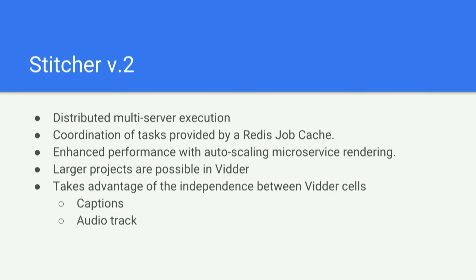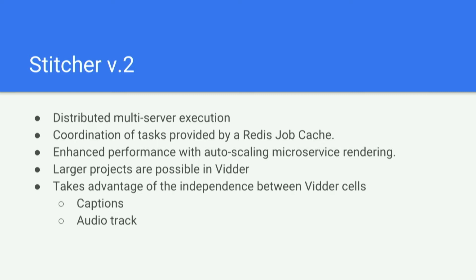We were able to take advantage of the independence between what we call the cells in the Vidder project. And those are basically self-contained periods of time where there's a single clip of video and the overlay of text.